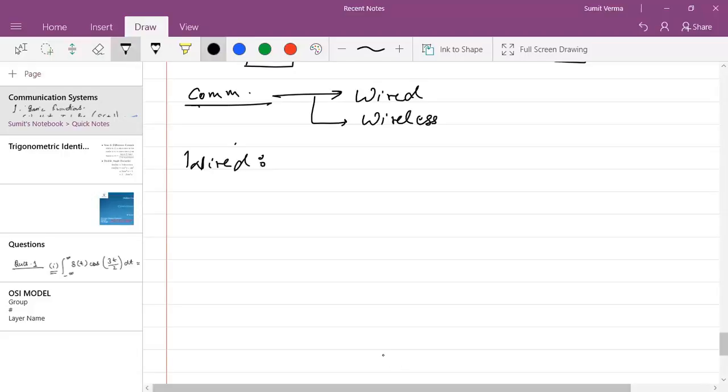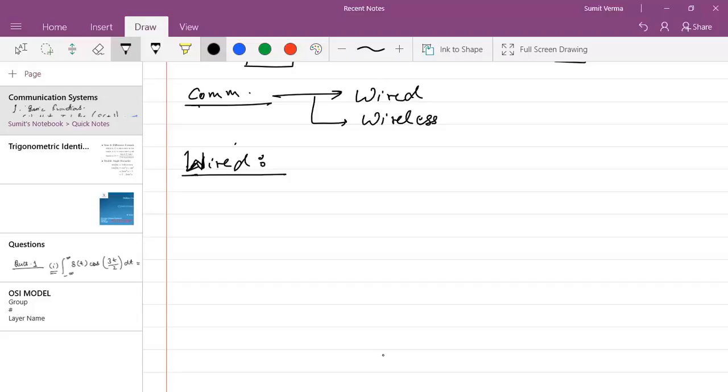In a wired system, we are basically using wires to transmit our information. Because we have to use wire, we cannot use it for very long distance communication. So this will be limited to short or medium distance communication. For long distance, we will prefer wireless.